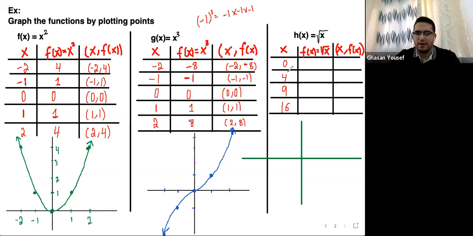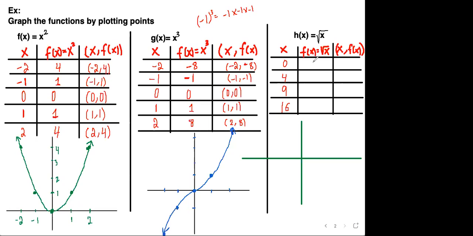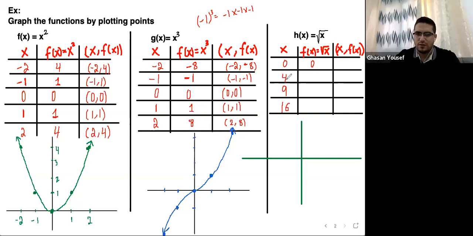The square root of 0 is 0, the square root of 4 is 2, the square root of 9 is 3, and the square root of 16 is 4. Now the ordered pairs are 0, 0; 4, 2; 9, 3; and the last one is 16, 4.